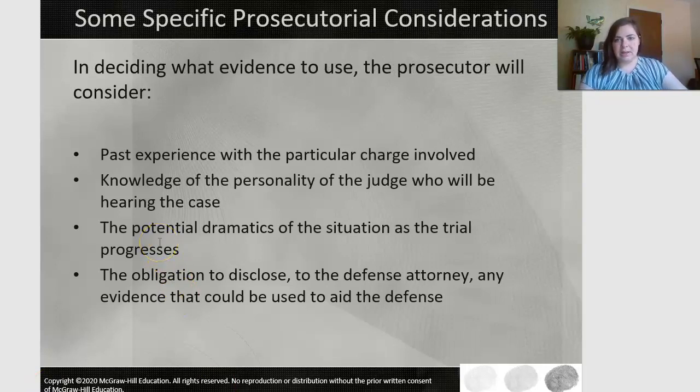When prosecutors decide these things and what evidence to use, they will consider their past experience with a particular charge, their knowledge of the judge, how much information has to be given to the defense, and whether that information makes it less likely for the prosecutor to win.